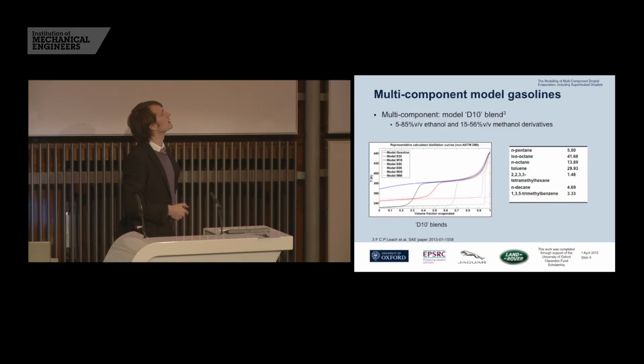So, multi-component models. Obviously, gasoline isn't just isooctane, so we've come up with a number of multi-component alkane and aromatic blends that mimic certain distillation curves. This blue is now the base gasoline curve described by this, and we've added a number of different oxygen derivatives with ethanol and methanol in.